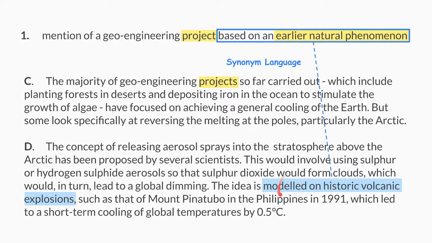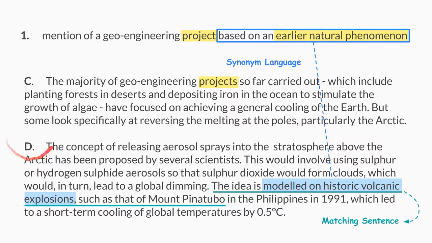To be modeled is synonym language for to be based on. So this is where we're going to have our matching sentence. This is the part where we're going to find our answer. The sentence says, the idea is modeled on historic volcanic explosions such as that of Mount Pinatubo in the Philippines.